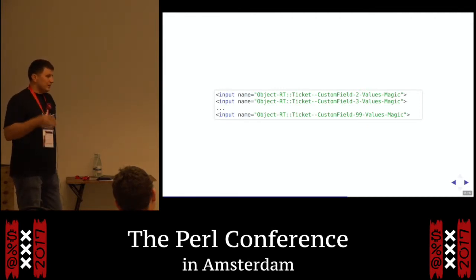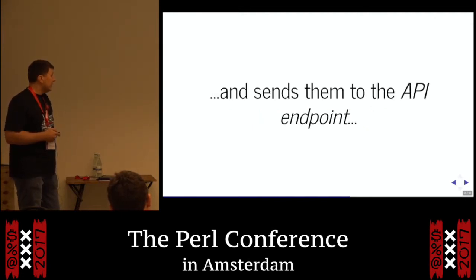Because when you are on the client side, it's not so easy to distinguish between key fields and non-key fields. So I essentially send values of all fields, and they can be found by their name using the appropriate CSS selector. And we send them to an API endpoint.